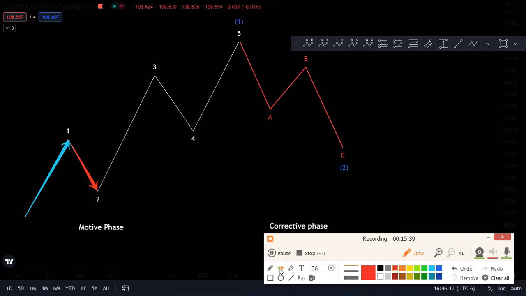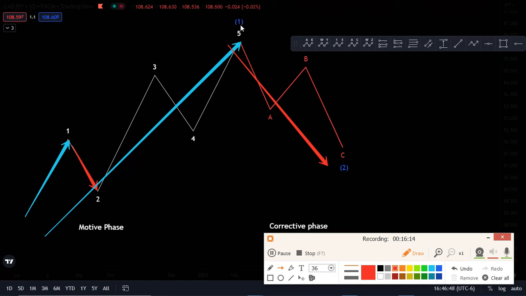the whole of the 5-wave pattern, which is 1, 2, 3, 4, 5, is being corrected by ABC. I'll repeat that. The way we're seeing wave 1 being corrected by wave 2, 1, 2, 3, 4, 5, which is the 5-wave pattern or the motive phase, is being corrected by ABC, which is the corrective phase.